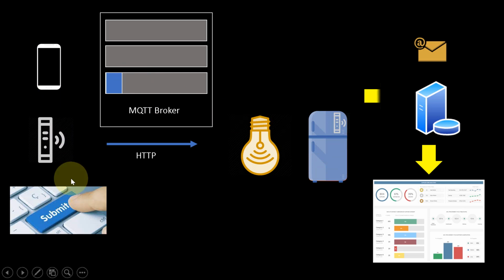In addition to that, you may want the information that is sent to the devices to also go into a database, or an email to be sent. Let's say you realize there is some problem with a particular device, or this fridge, for example, you don't have milk.